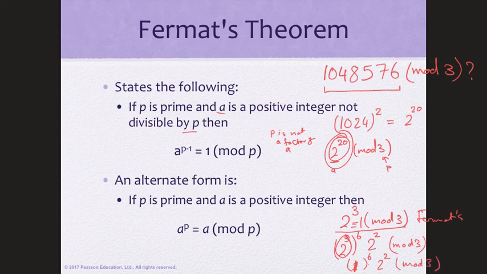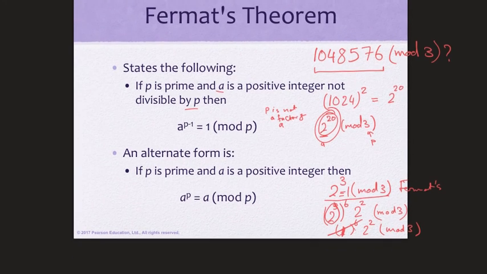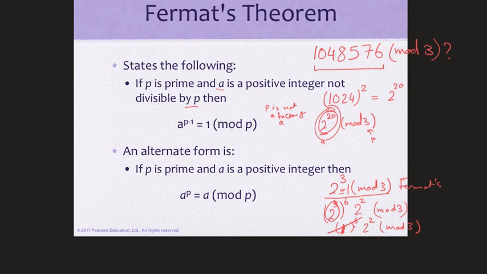But 1 raised to the power 6 is 1, so the result here is 4, right? 2 to the power 2 is 4 mod 3. But what is 4 mod 3? It's actually 1, right? 4 divided by 3 is equal to 1, and the remainder is 1.